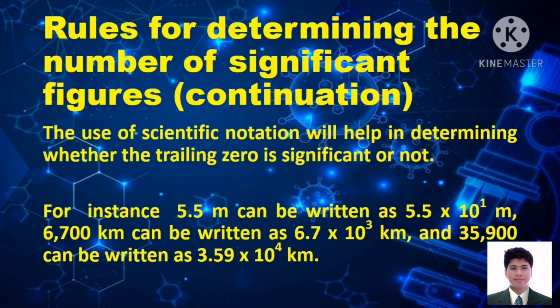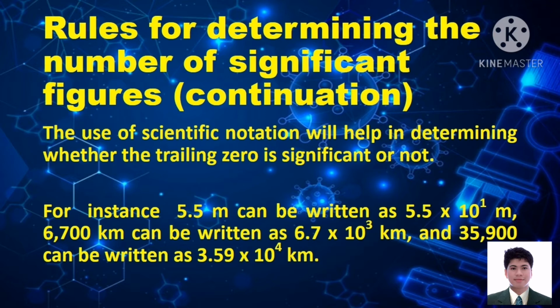To continue, the use of scientific notation will help in determining whether the trailing zero is significant or not. For instance, 55 meters can be written as 5.5 times 10 to the power of 1 meters. 6,700 kilometers can be written as 6.7 times 10 to the power of 3 kilometers.